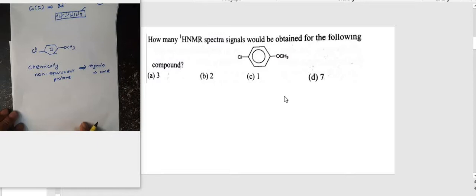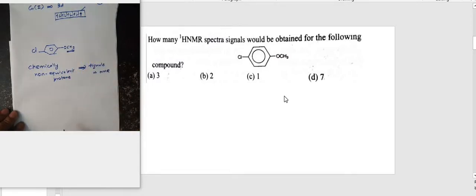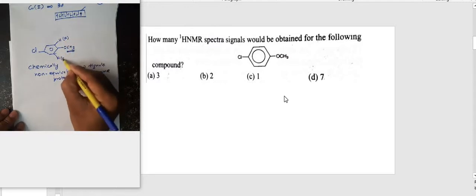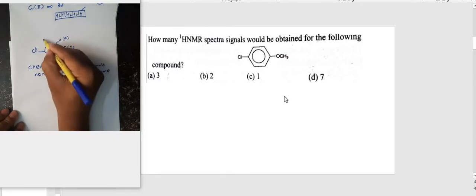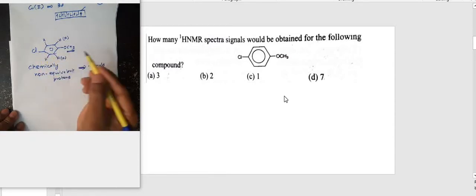So in the given compound, we have 3 protons present in the methyl group, and we have 2 protons here. These 2 protons are equivalent. So if this is A, this is also A, and these 2 protons are also equivalent with respect to the methoxy group as well as chlorine.